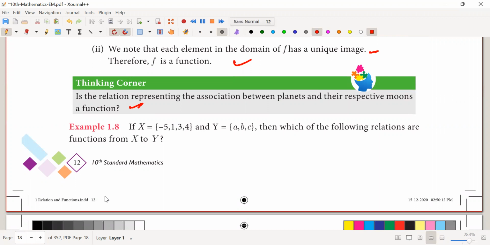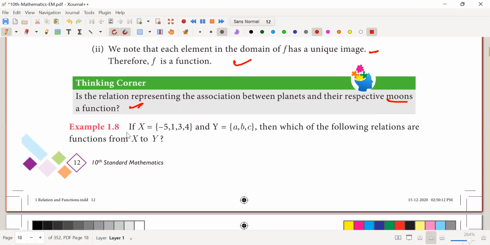Some planets like Jupiter, Mars have many moons, not one moon. So one is getting related to many. It's not a function, right? Since they are given plural, definitely it's not a function. They are not speaking about Earth. They are speaking about moons.